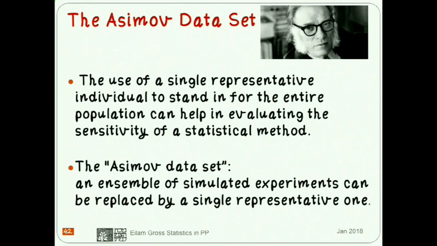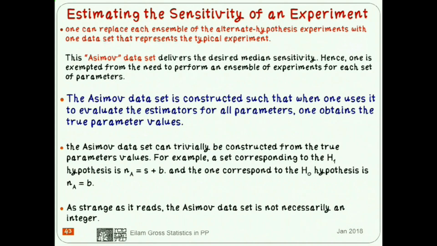So an ensemble of simulated experiments with alternative hypotheses can be simply replaced by a single representative one. And this is called the Asimov dataset. The Asimov dataset immediately delivers the desired median sensitivity. So one is exempted from performing lots of time-consuming Monte Carlo experiments.